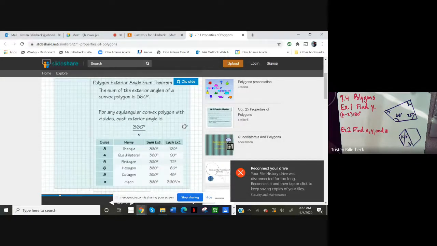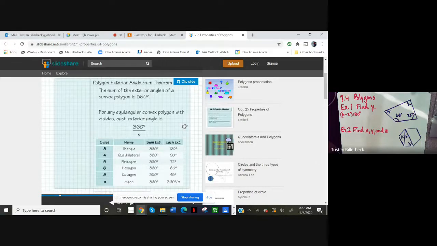So we have the polygon exterior angle sum. The sum of the exterior angles of a convex polygon is 360 degrees. So if it's a regular polygon, we just divide 360 degrees by the number of sides to find each exterior angle. So for an equilateral triangle, each exterior angle is 120.